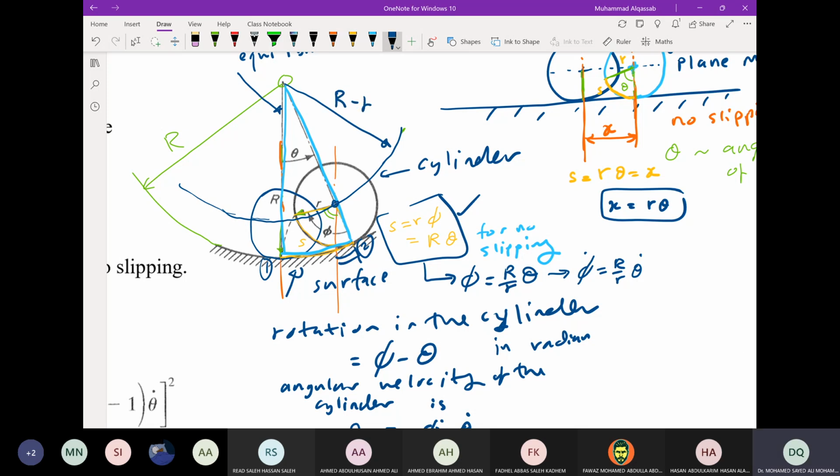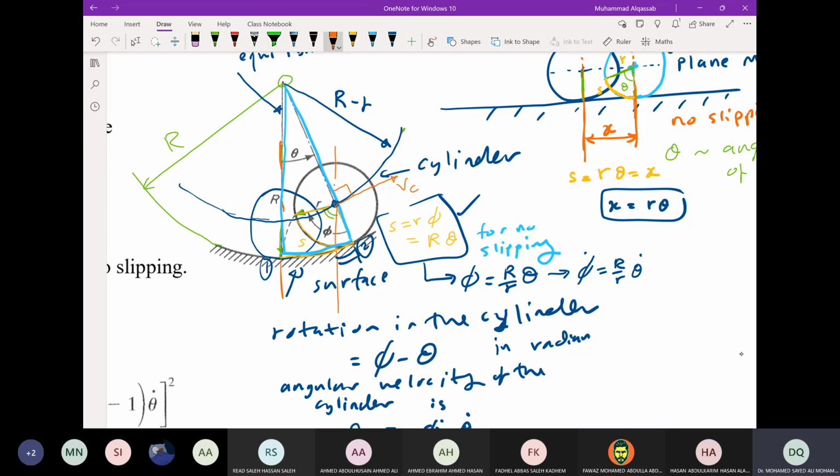This is the circle, the radius of the circle that the center of gravity is moving along. And the velocity is always tangent to this, which is perpendicular to the arm. This is the velocity of the cylinder, which is perpendicular to the arm.